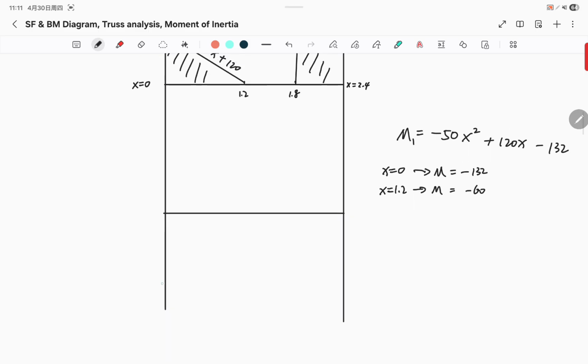So we know that M starts at negative 132, and at this point, when x is 1.2, bending moment is at negative 60. Negative 60 is around here, and it's a negative opening, so the opening is downward.